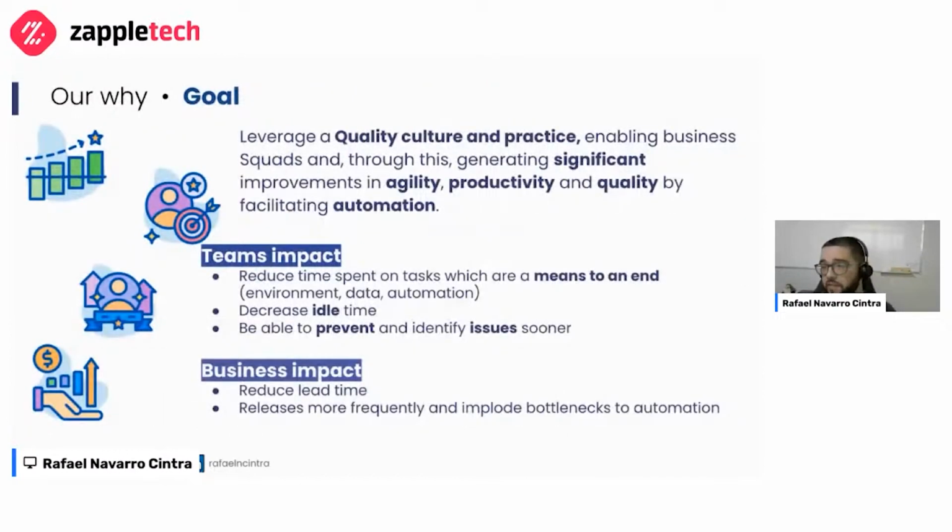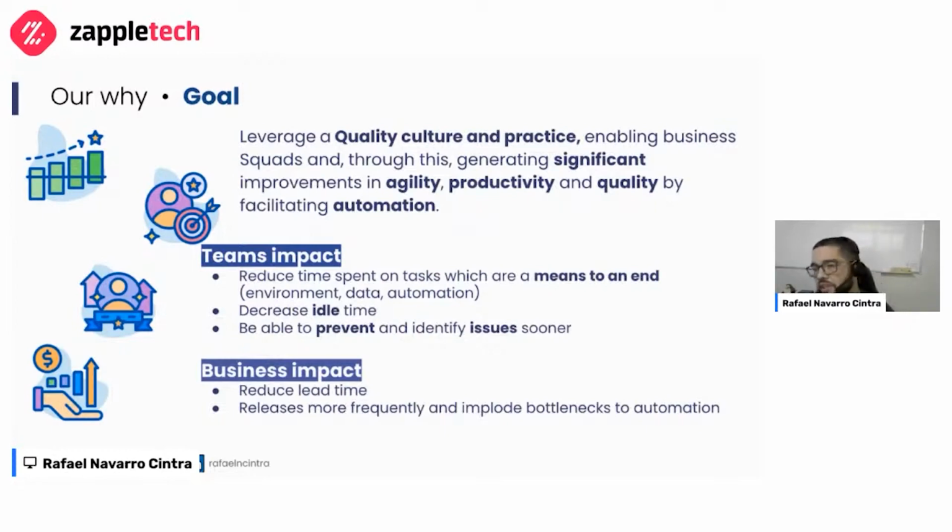So, if we do all that, if we are able to put this platform together, what exactly am I going to achieve with this? The whole idea is that you can leverage a quality culture and practice by enabling your teams, your squads, in the term that we are using here to reference Spotify, so they will generate improvements in agility, productivity, and quality, because we are facilitating automation.